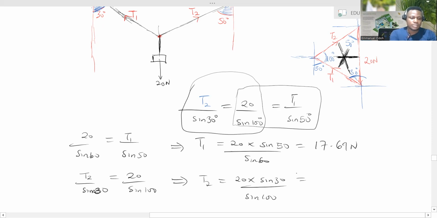So using my calculator once again, 20 times sine 30 divided by sine 100 equals 10.15. 10.15 Newton.